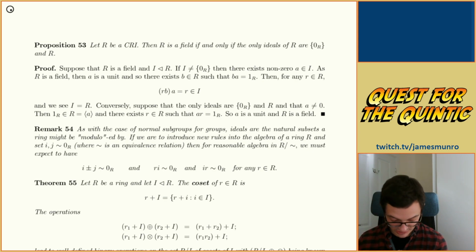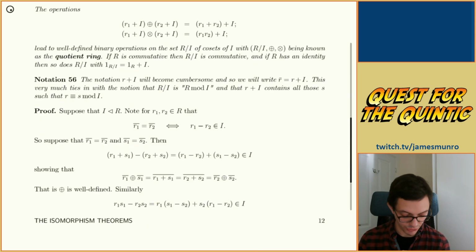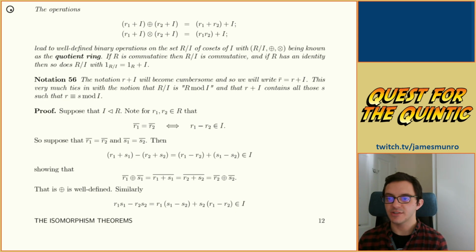You can define cosets where you add things on and they have some operations to form the quotient ring. So this is the idea of taking a ring and then considering everything in an ideal to be cosets.